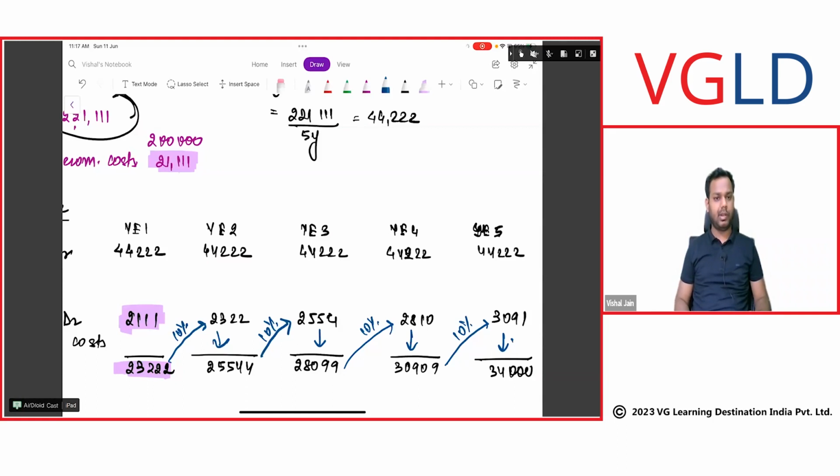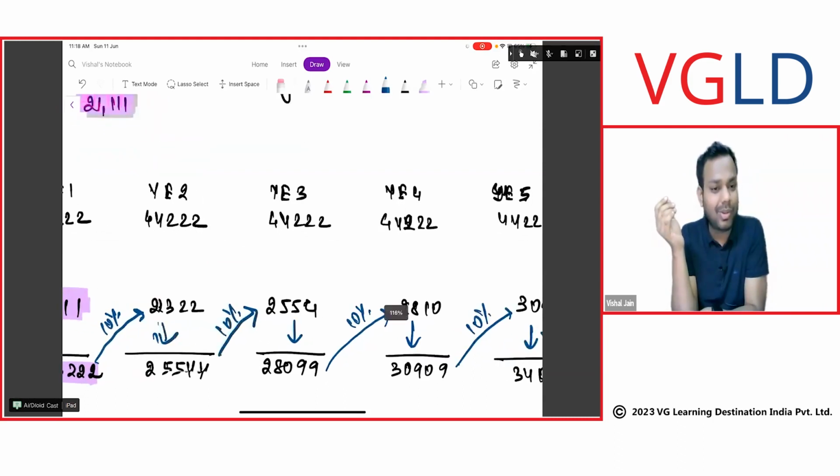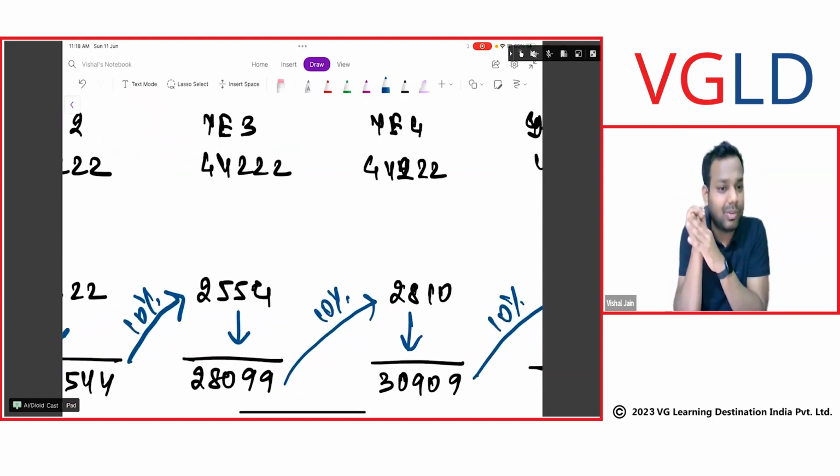Is it clear? No, everyone is busy. Okay, 10% of 28,099 is 2,809.9. So rounding it off, it is 2,810. Rounded off, it is 2,810.